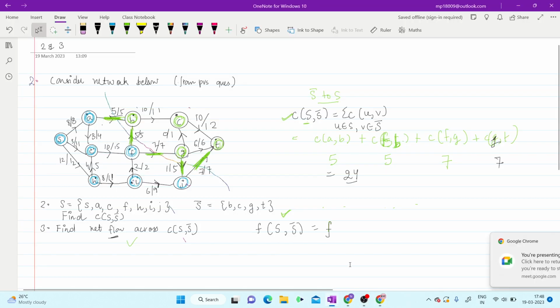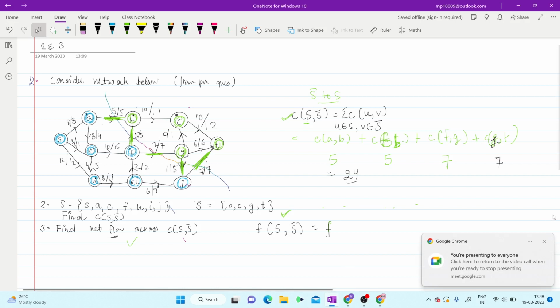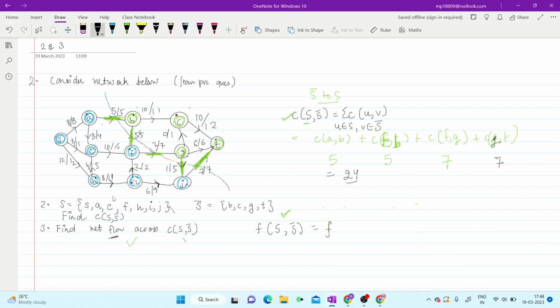So basically, when we are computing net flow, we have to add flow out and subtract flow in.